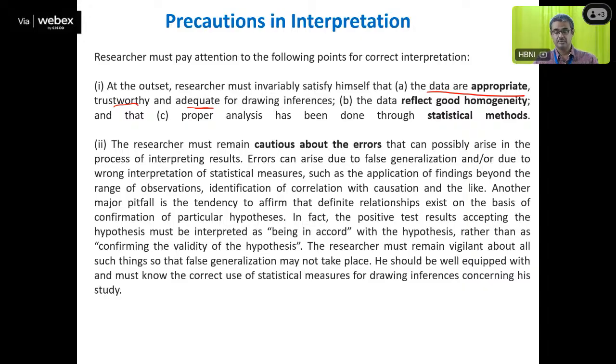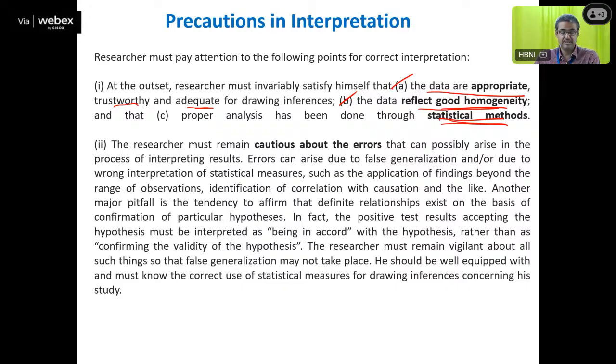The data should reflect good homogeneity, meaning it is reproducible, and the data should have a good analysis of the various factors which you have studied. The proper analysis has been done through statistical methods. This is what I was precisely telling, that a proper statistical analysis has been done.